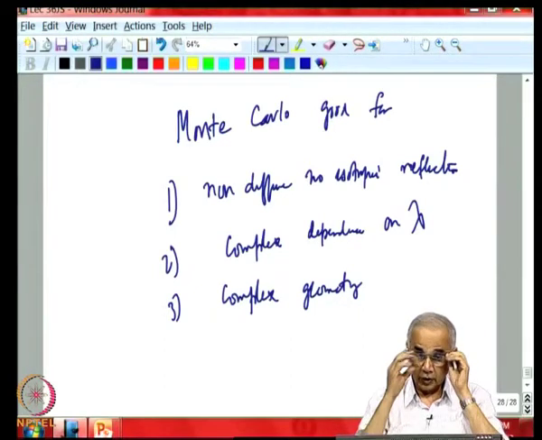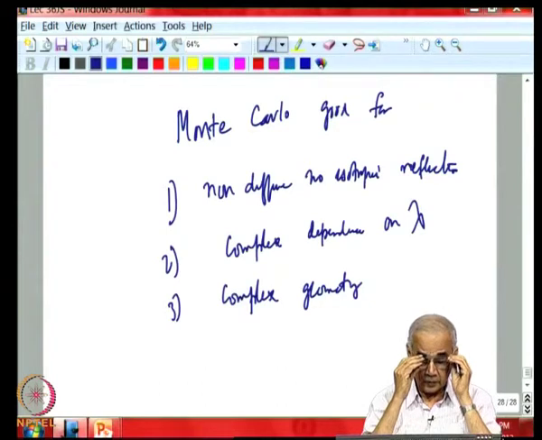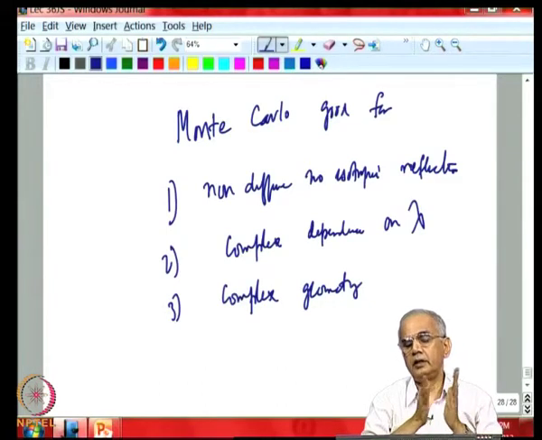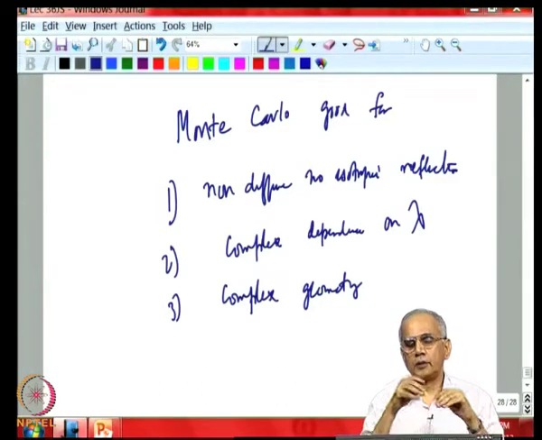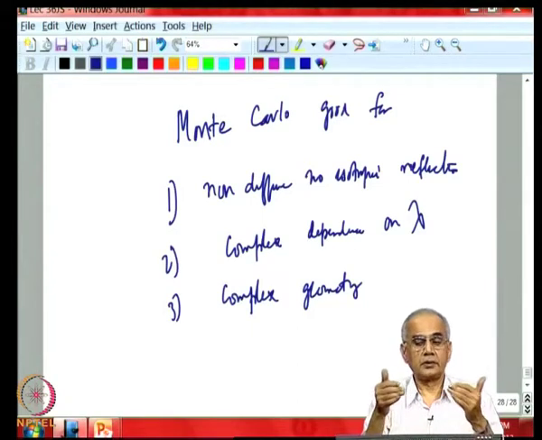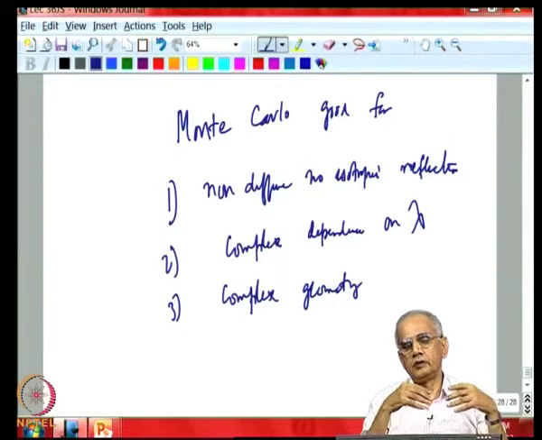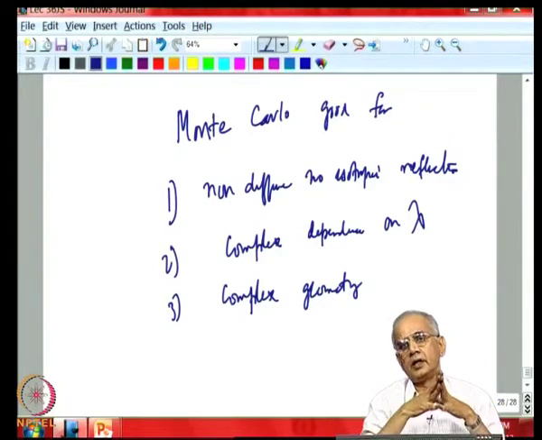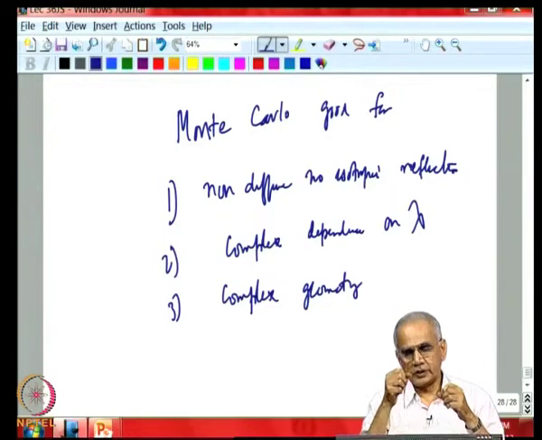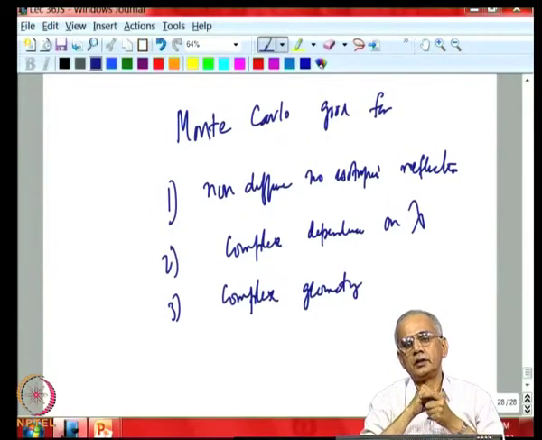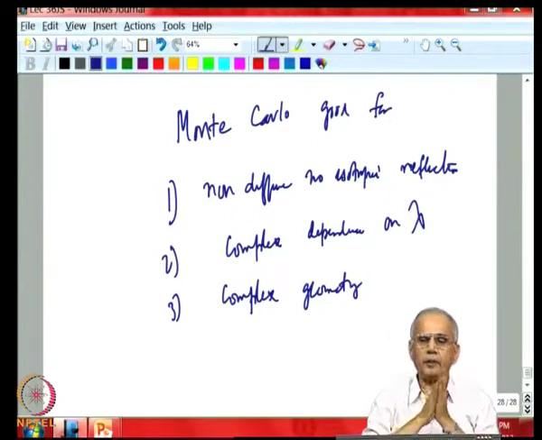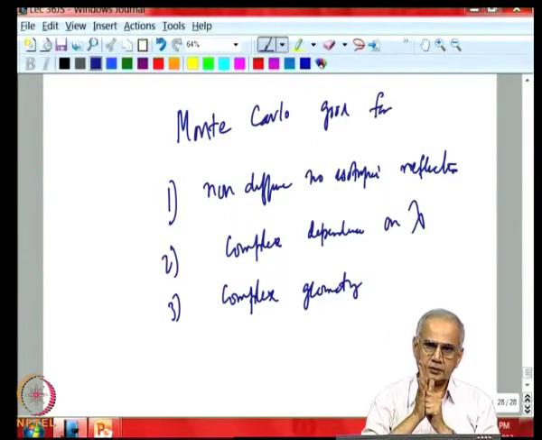The advantage of Monte Carlo is that it does not really worry about the complex geometry or complex wavelength or complex bidirectional reflection functions, because once these are specified, this method will take into account all the complexities, and the rate at which the computer time increases for such simulations may not be that large.